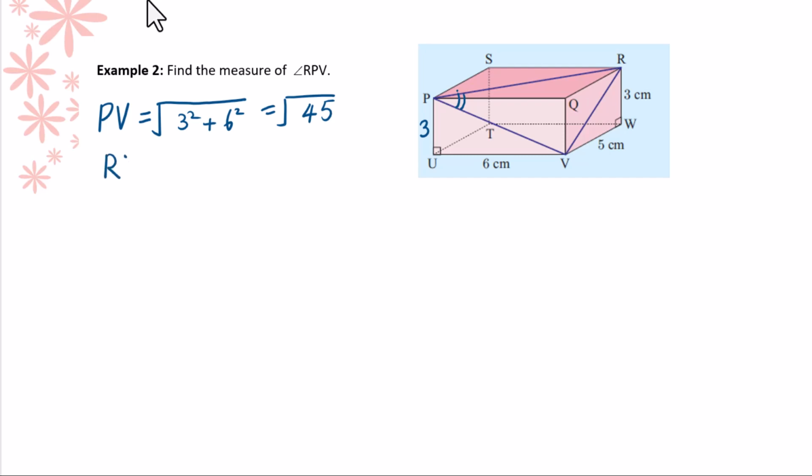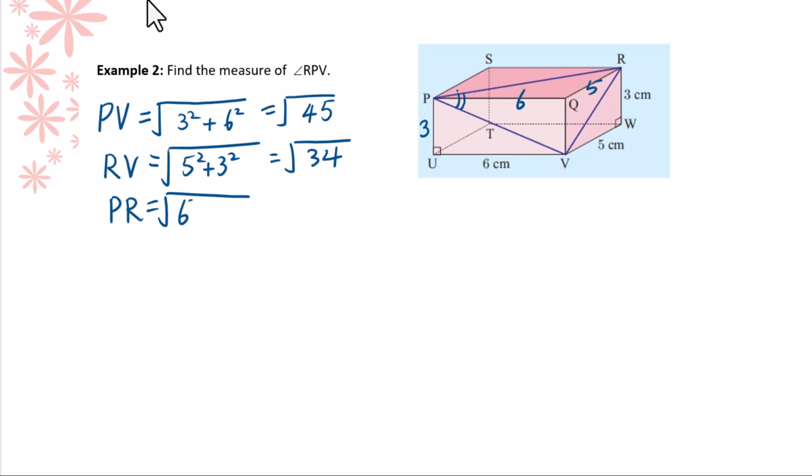RV equals the square root of 5 squared plus 3 squared. That is the square root of 25 plus 9, which is 34. PR equals the square root of 6 squared plus 5 squared, 36 plus 25.